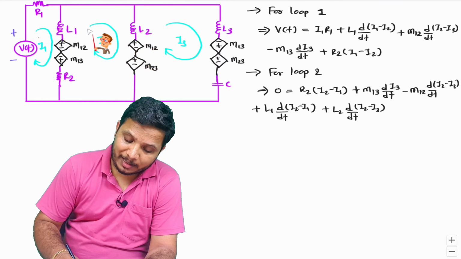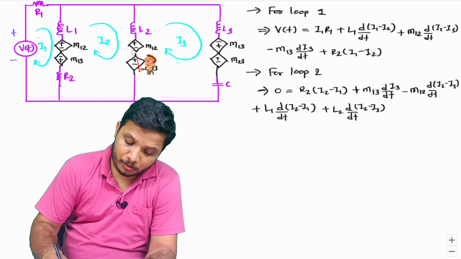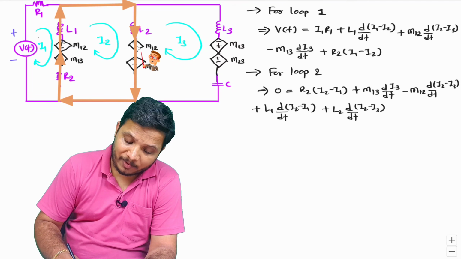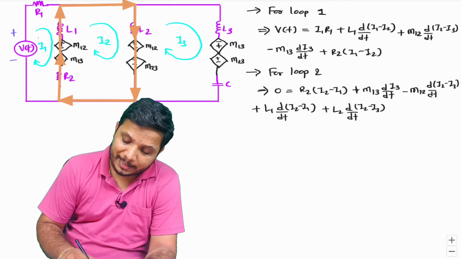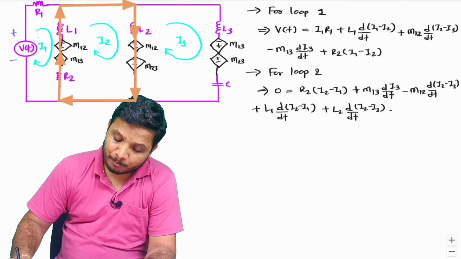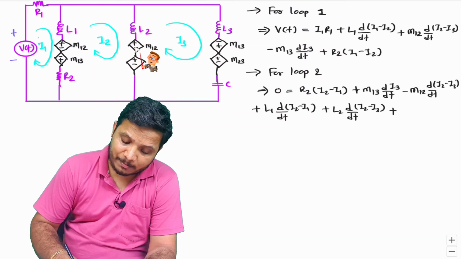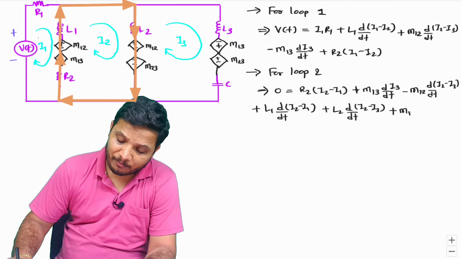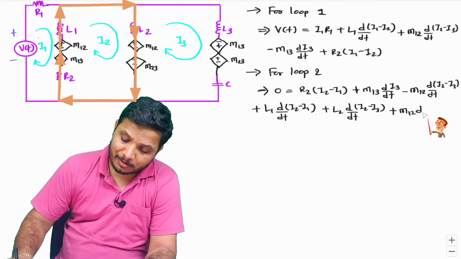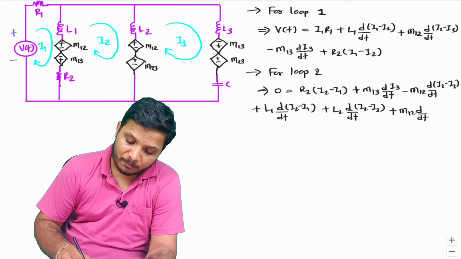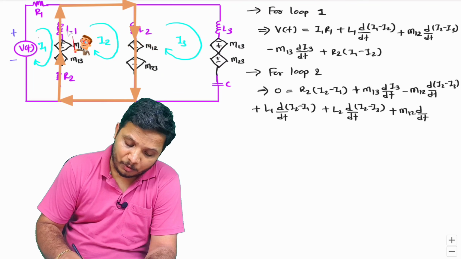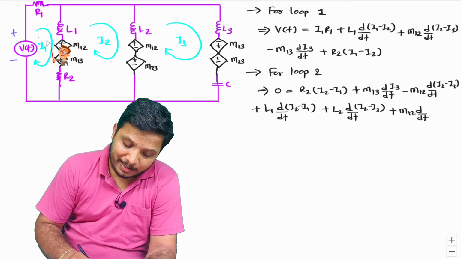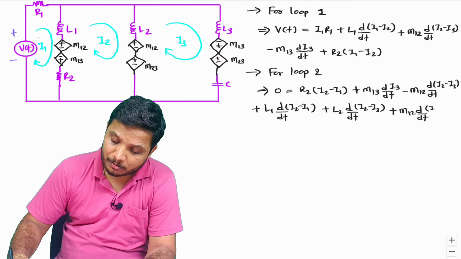Then M21 comes in loop 2, so this M12 that is happening in between 1 and 2, and current through L1, that is I1 minus I2, so plus that I need to write first, as plus sign is over here, M12, then d by dt of current through L1, as M12 is in between 2 and 1, so that current is I1 minus I2.